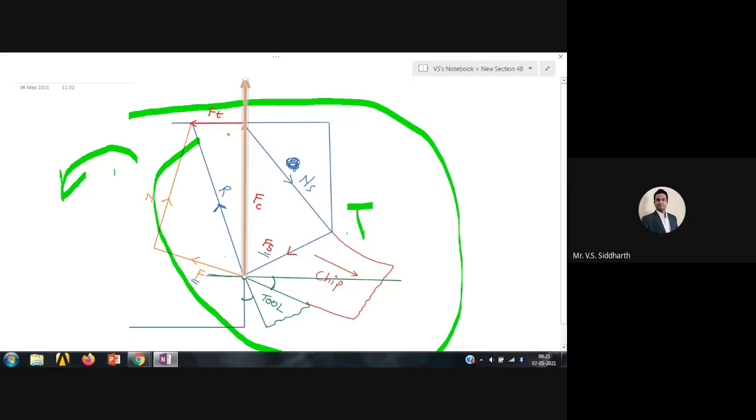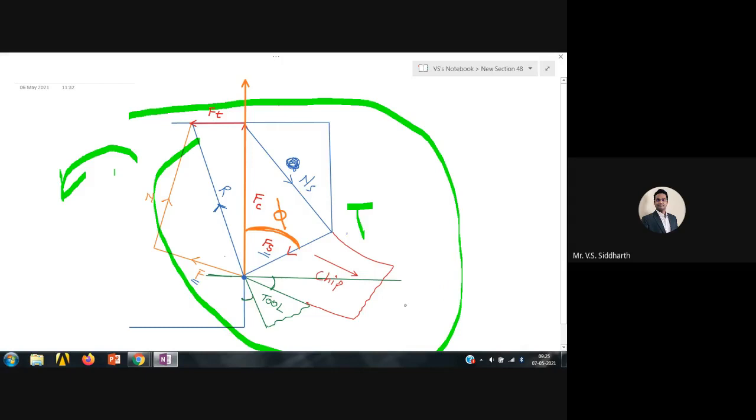And this is a shear plane. So this angle should be angle phi, which is the shear plane angle.